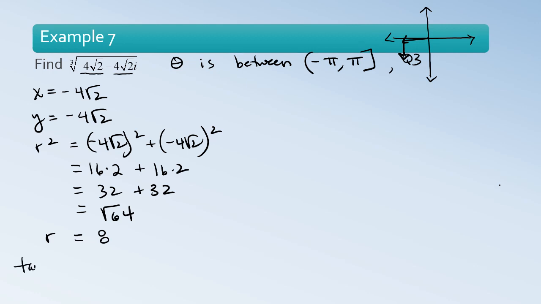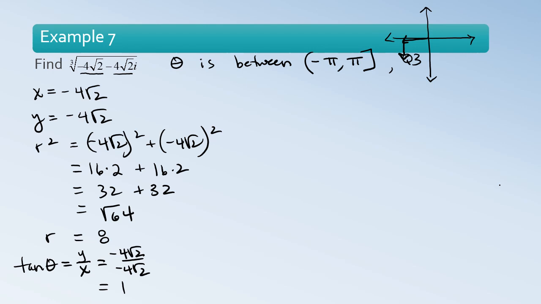Now I need to find theta. And I can say that the tangent of theta is equal to my y over my x value. So negative 4 root 2 over negative 4 root 2. I think I'm going to do that one because tangent theta equals 1 is pretty nice. But if I do inverse tangent of 1 in my calculator, I think that I get pi over 4. The problem with this is that pi over 4 is in the first quadrant.